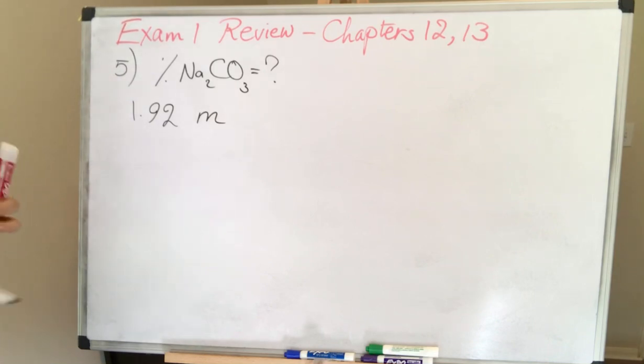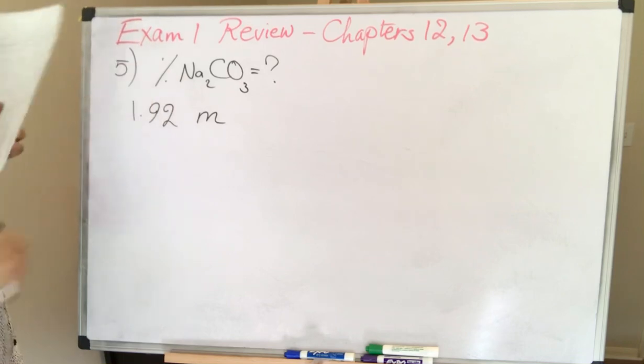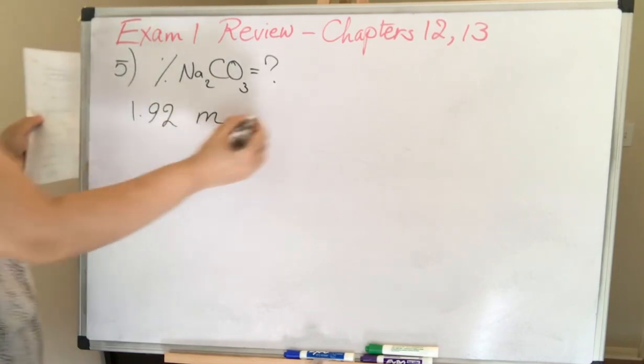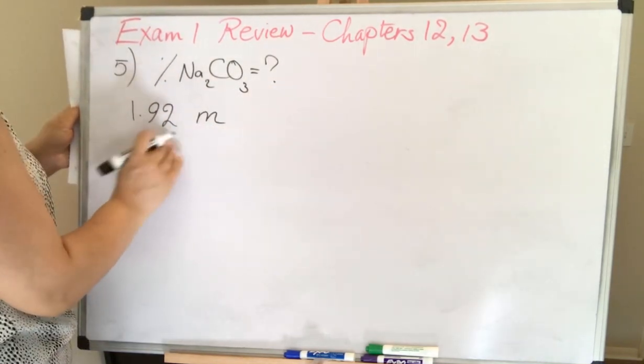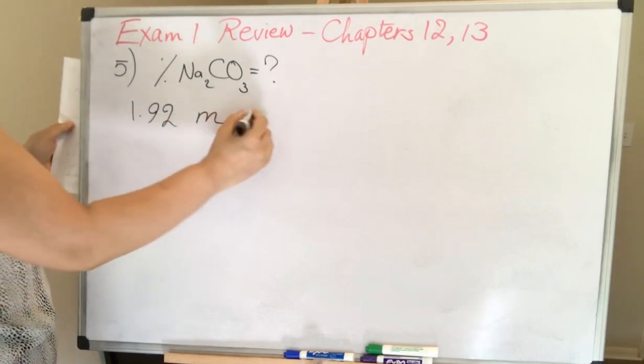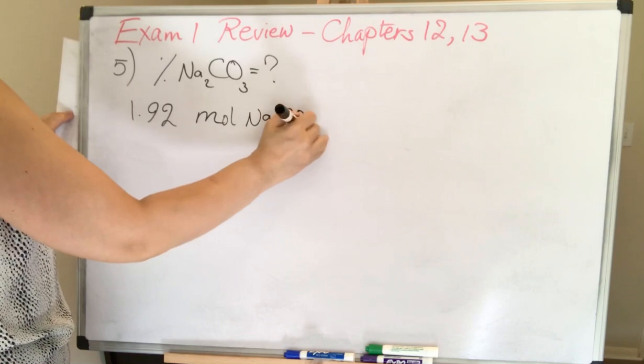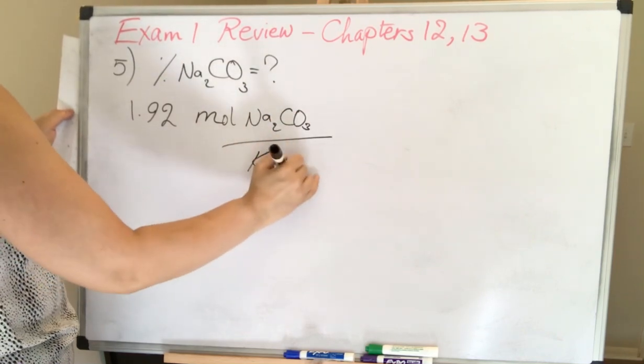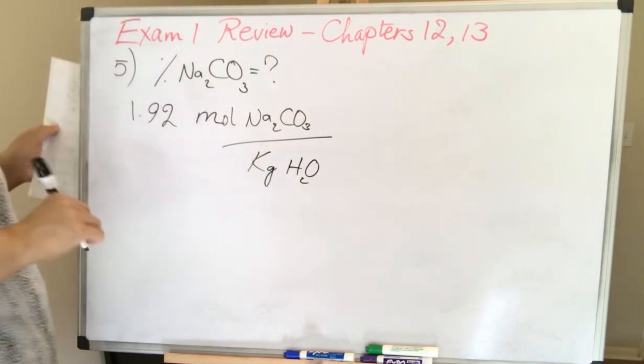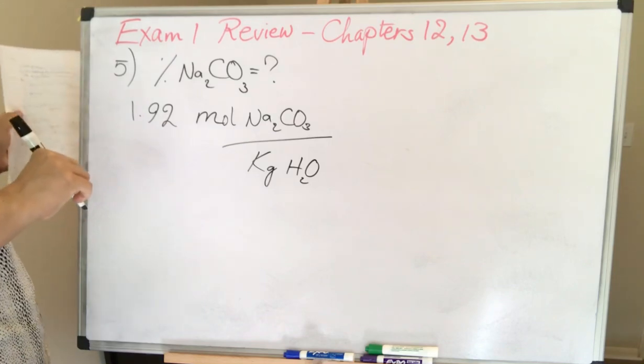Aqueous means the solvent is water. So 1.92 molal means what? Moles of Na2CO3 per kilogram of water, correct? That's the meaning of molality.